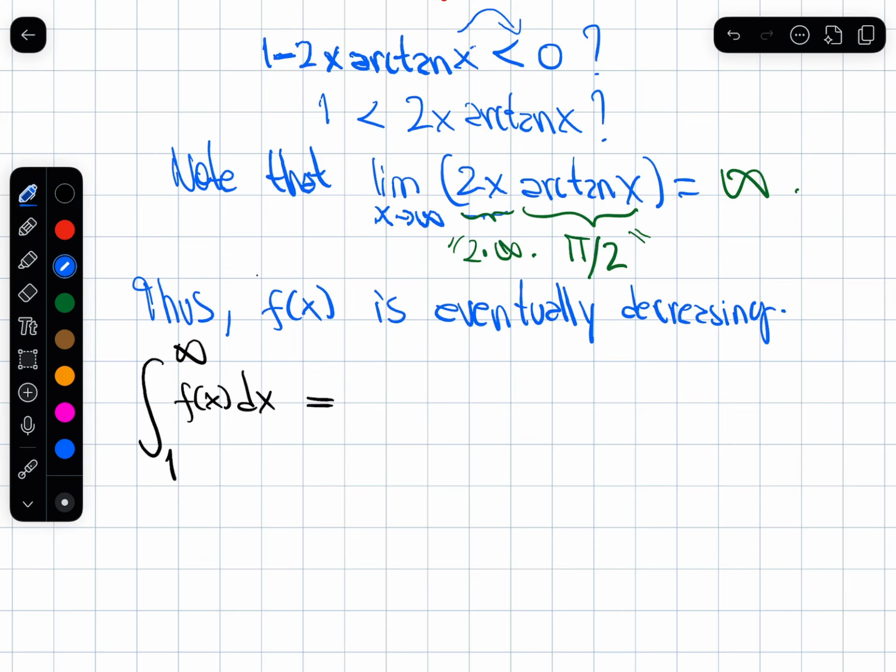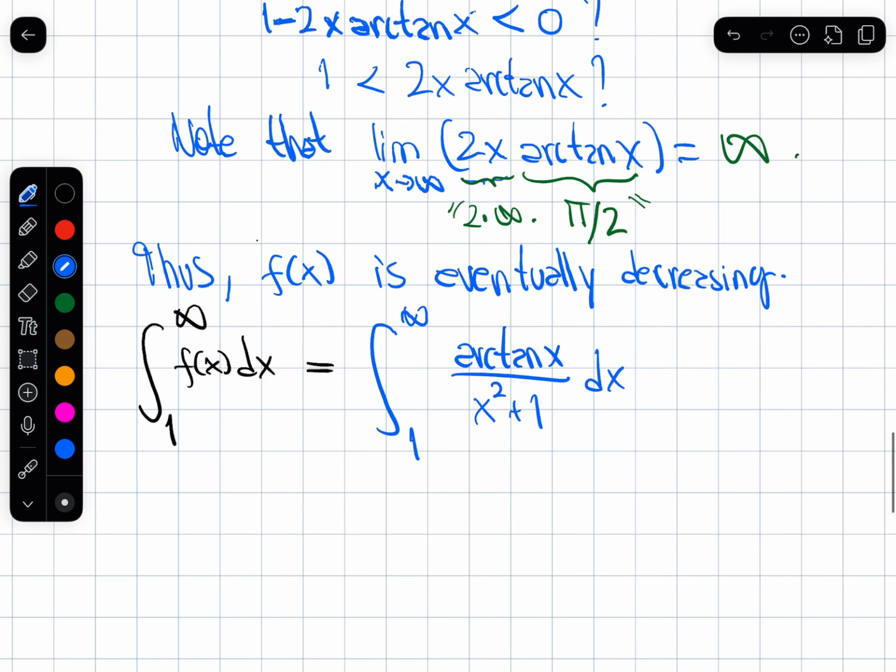I'm going to calculate it. If I get a number, then that means the series itself converges. And if I don't get a number, the series itself diverges. But that's not bad. I can make a u sub here too.